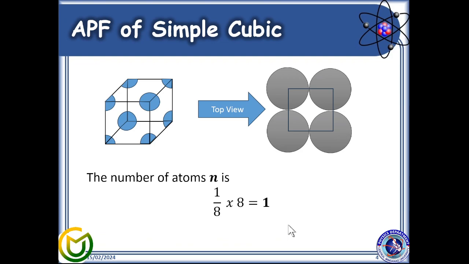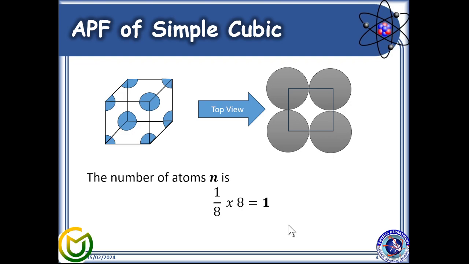Take the 3D simple cubic as an example in calculating the volume efficiency using the atomic packing factor. But first we need to calculate the number of atoms in a simple cubic.